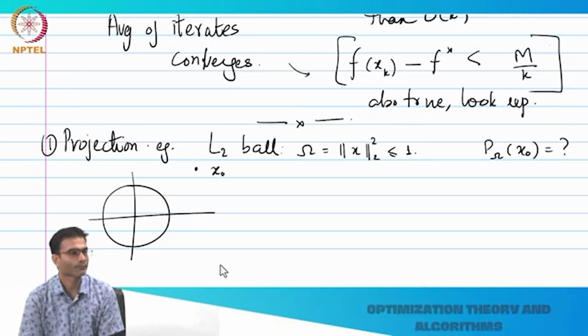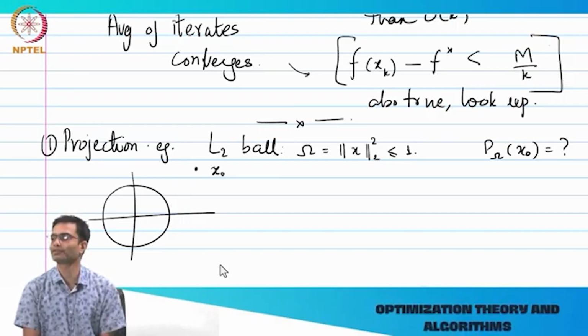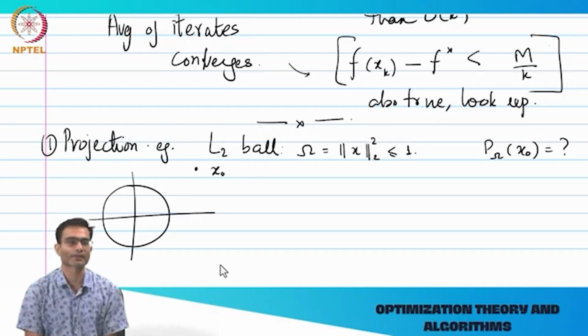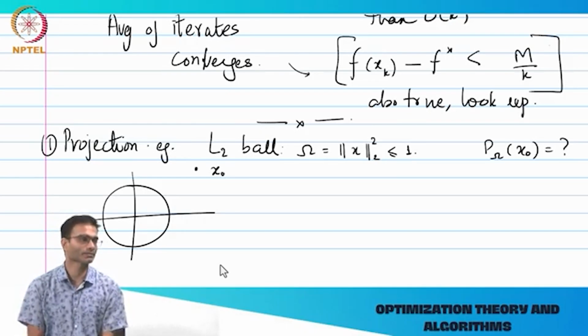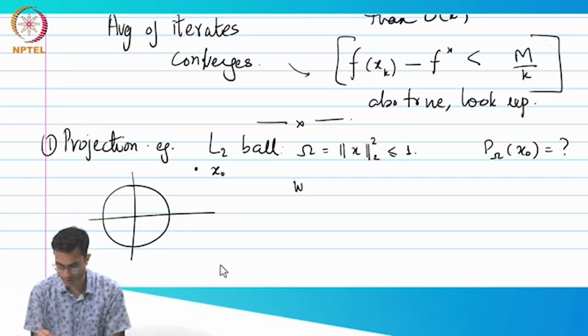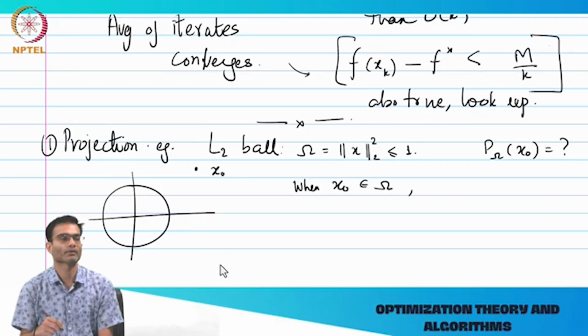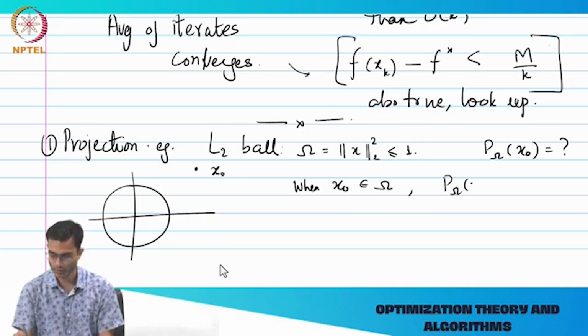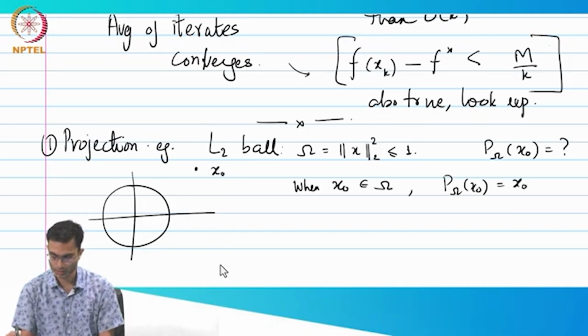Okay. This again looks simple enough that you could solve this problem without any calculus, without any Lagrangian business, right? So let's take two cases. When x naught is in the feasible set, projection operation obviously is what? X naught. Okay.